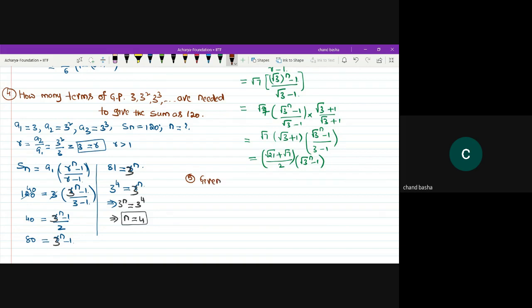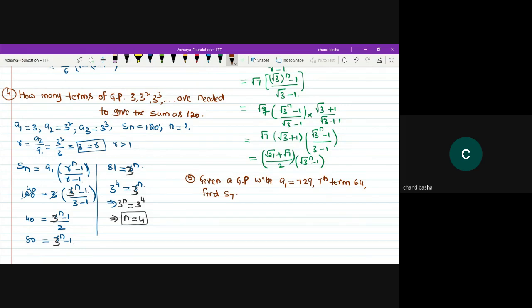Given a GP with first term equal to 729 and seventh term 64, determine S7. Find S7, the sum of 7 terms.